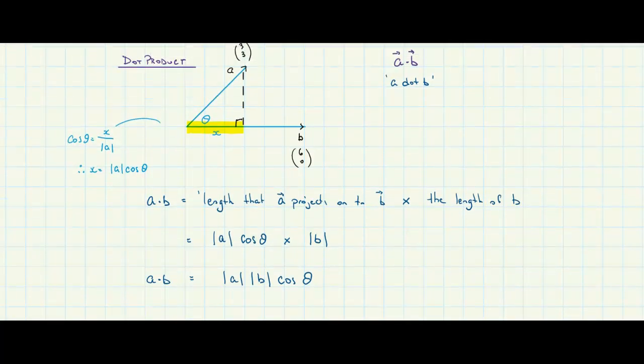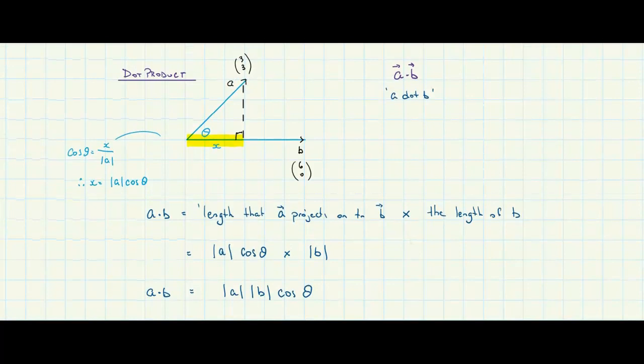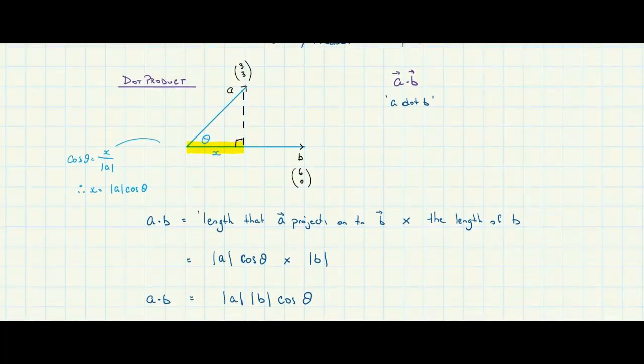Okay, well let's work out what that actually is for this example. So this length here is equal to the length of A. So in this example, A dot B, we're just thinking about the product of these lengths.